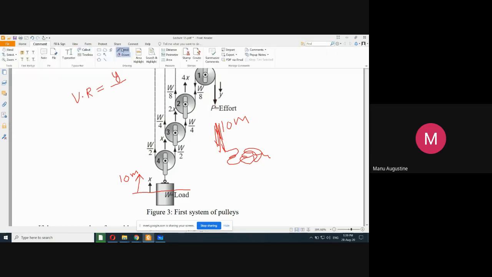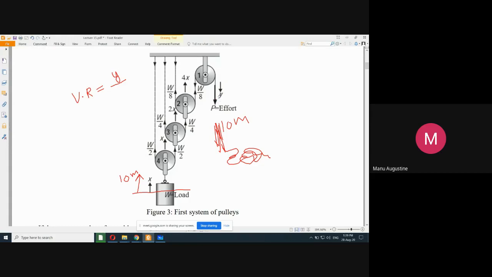So if I am applying my effort at this end of the rope, and by applying P effort I have pulled down 10 meters, then Y is 10.